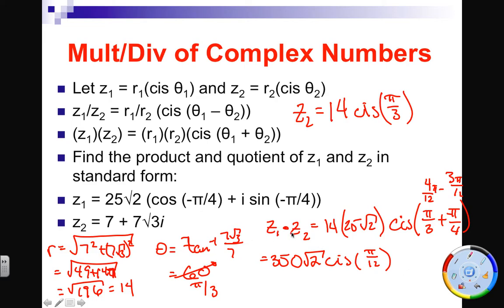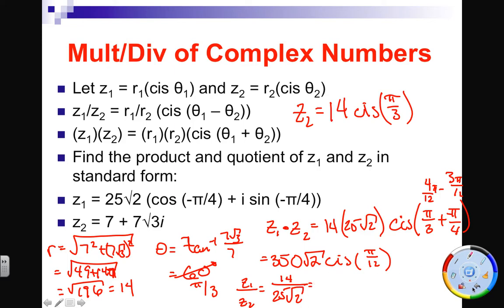Notice if we were to try to divide z1 by z2, that's pretty simple as well. If we did z1 over z2, that would be 14 over 25 root 2. Obviously, you'd have to simplify that.